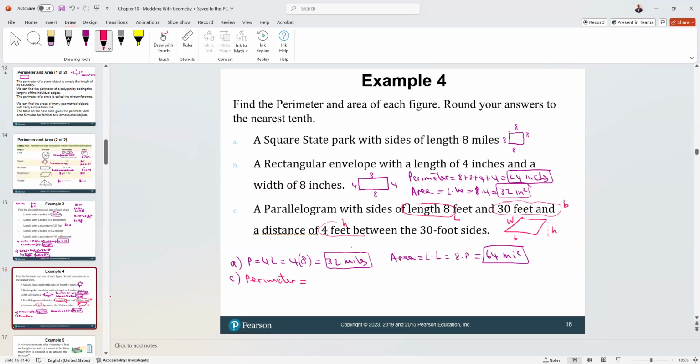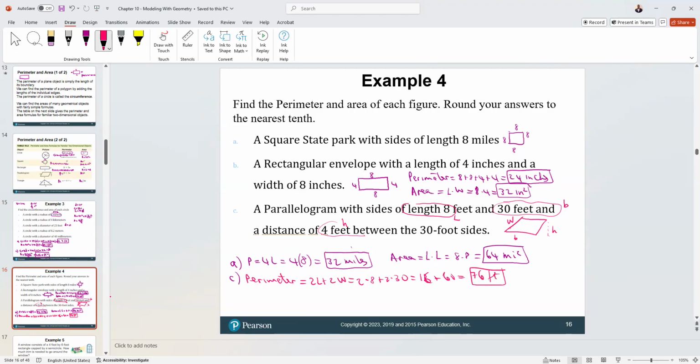So we have 2 times 8 plus 2 times 30. Okay, so that makes it 16 plus 60. 16 plus 60, that makes it 76 feet.